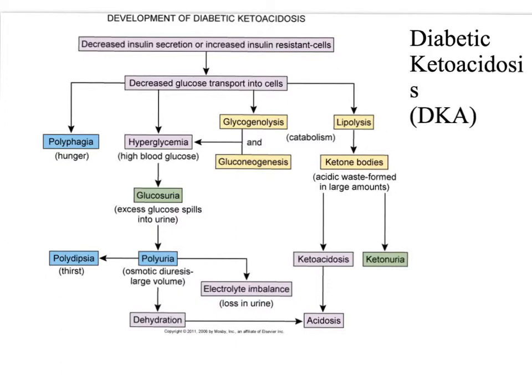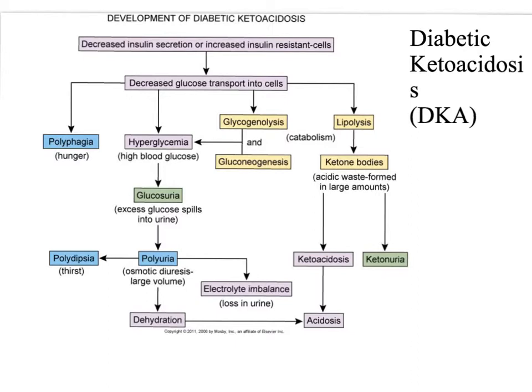So now the muscle cells are saying, this is getting ridiculous, I need something. That's when they start doing fat catabolism. They're breaking down fat into free fatty acids and using fat for their fuel source. Not a great fuel source, but it works in an emergency. So it's nice to have a backup system.